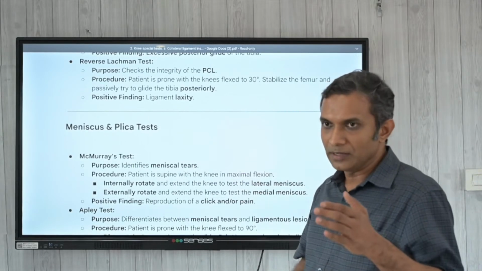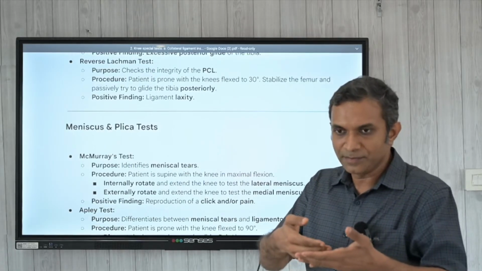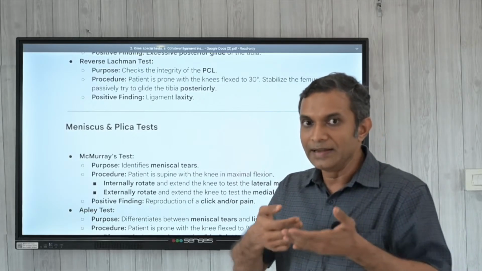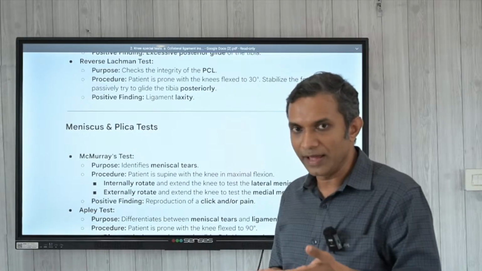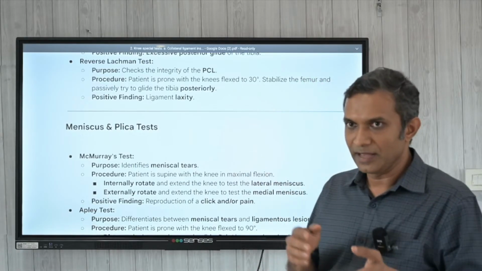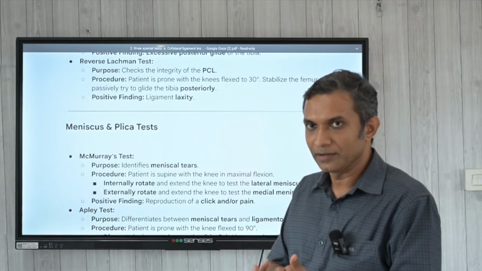Coming to Lachman's test. As we said, Lachman's test gives excessive glide, excessive joint play, for the anterior cruciate ligament. The reverse Lachman's test, as the term reverse suggests, is for the posterior cruciate ligament.